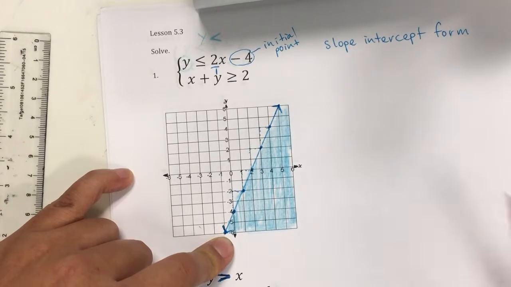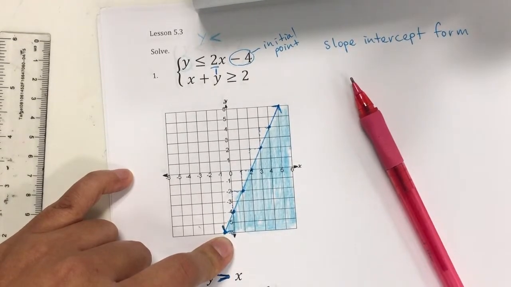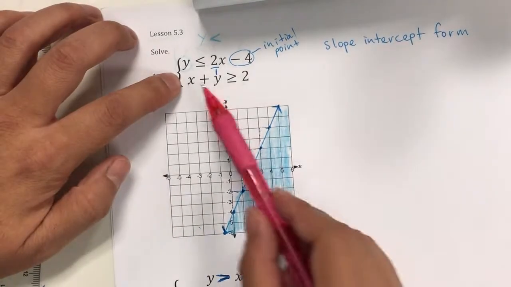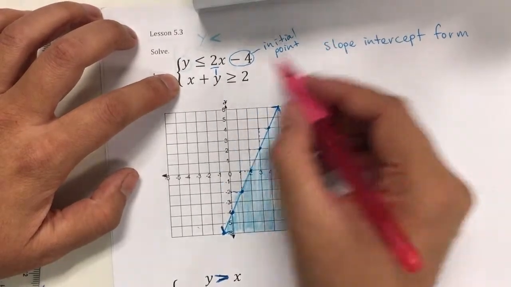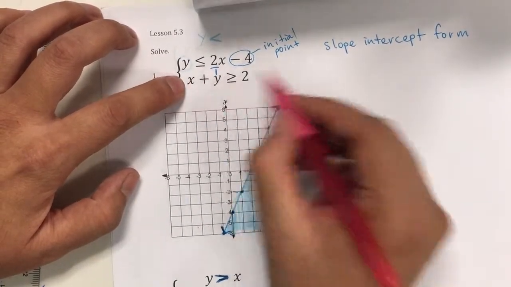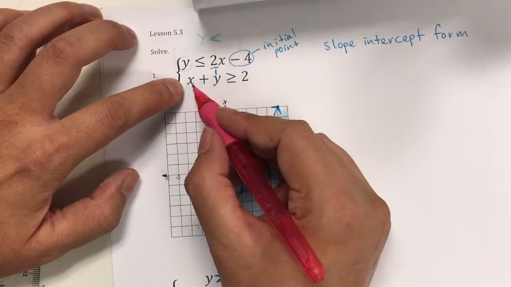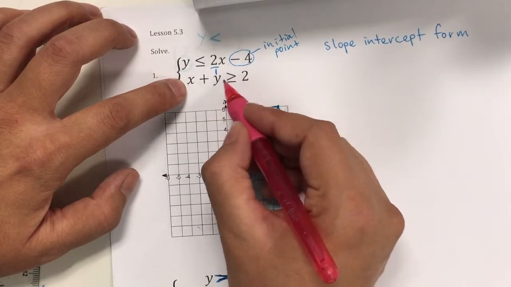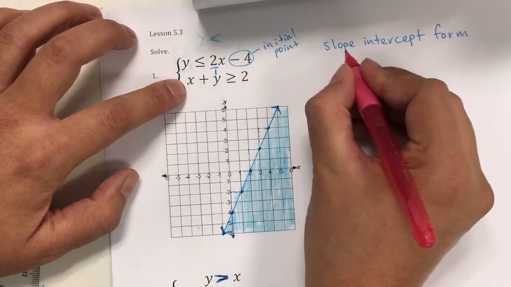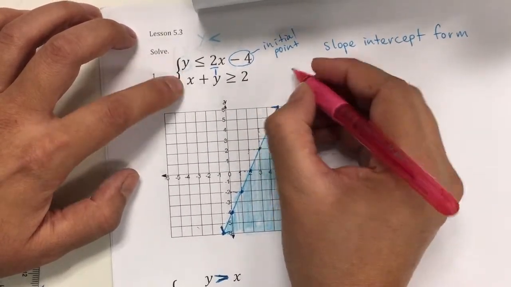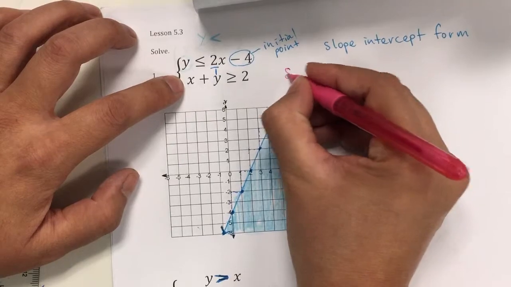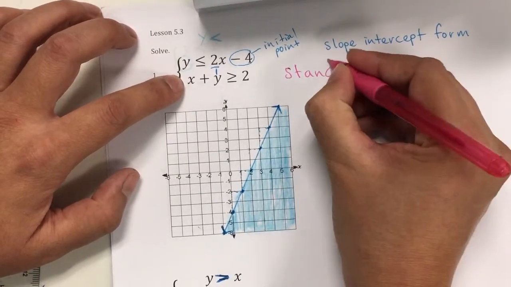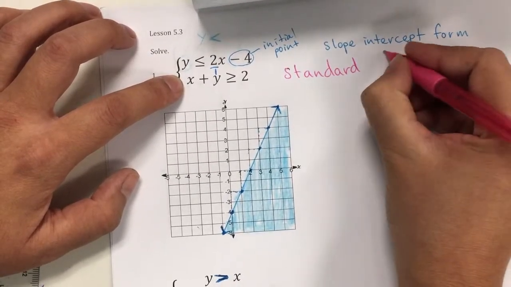Now I'm going to use a different color. I'm going to use pink for the second inequality. Now, what type is this in slope-intercept form? Well, I have x and y before my inequality symbol. So this is not in slope-intercept form because y is not isolated. So this is in standard form.